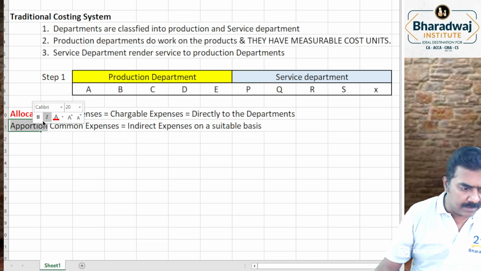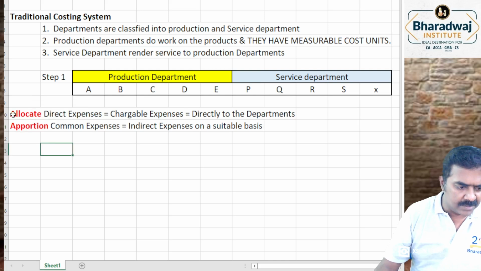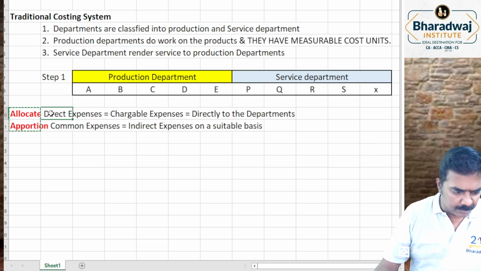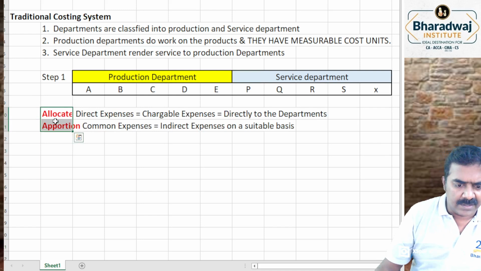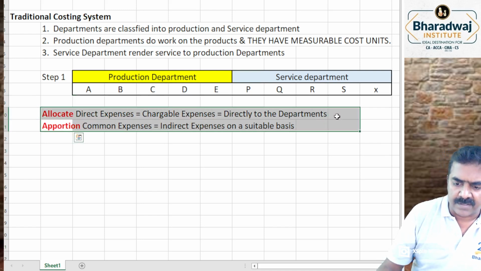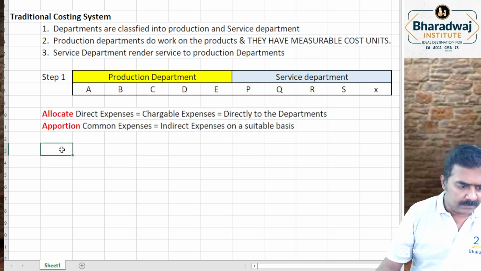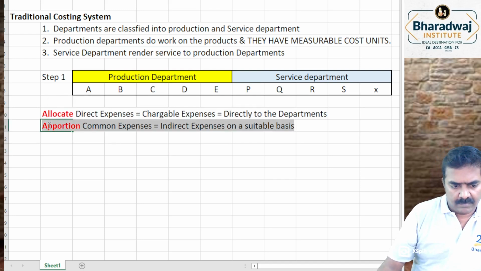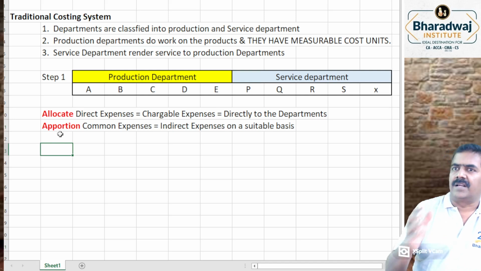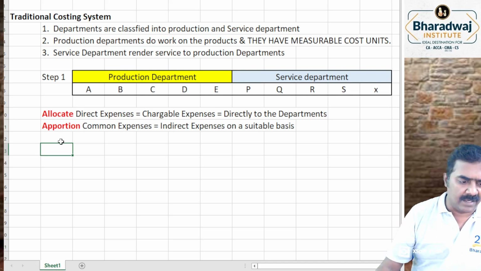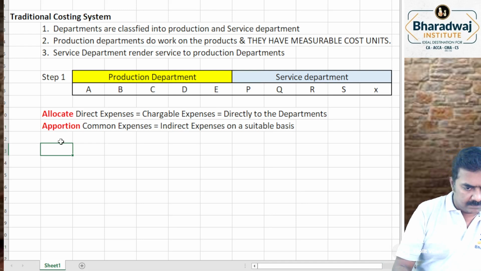So we apportion common expenses, or which ones? Indirect expenses, on what basis? A suitable basis. Like rent, electricity, common maintenance, etc. and all, we apportion.